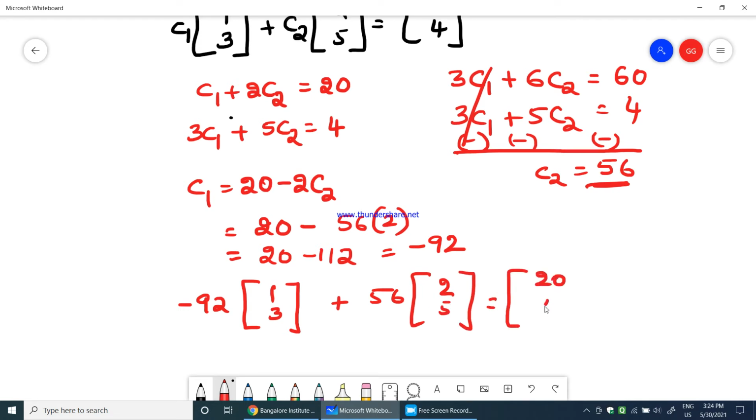I hope this is correct, because minus 92 plus 56 times 2, which is 112, gives 20, and minus 276 plus 280 equals 4. So this is how we see that the vector (20, 4) spans with (1, 3) and (2, 5).